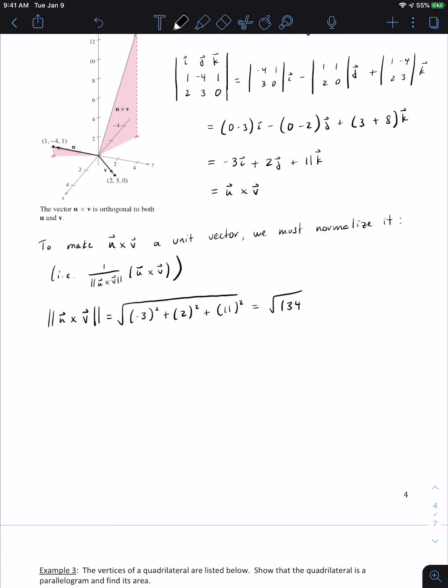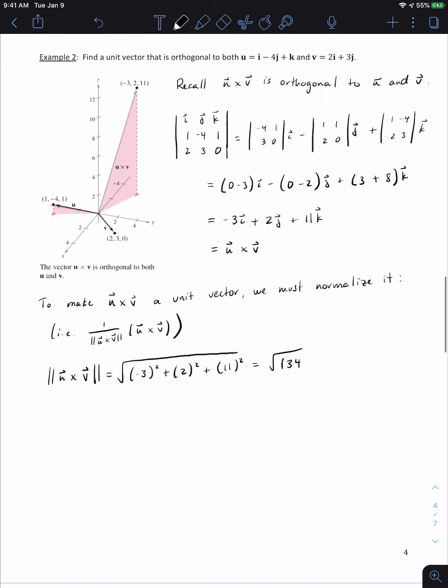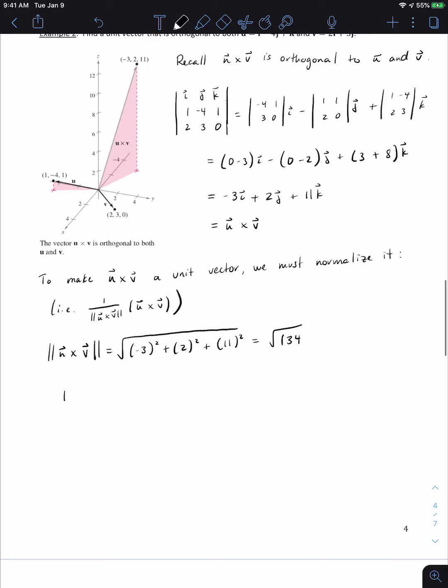Right? So what did we want to find? The unit vector that's orthogonal. We want to take 1 over the magnitude of u cross v times the vector u cross v. So in other words, we want to take 1 over the square root of 134 times our u cross v vector, which we found to be -3i plus 2j plus 11k.